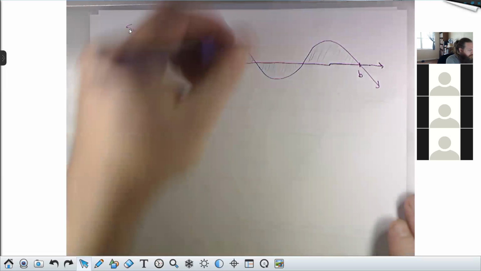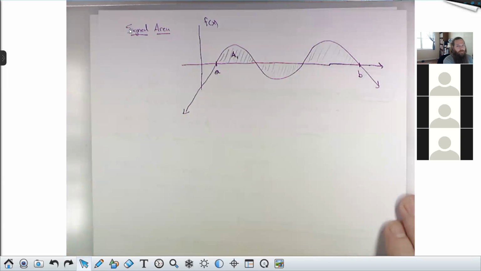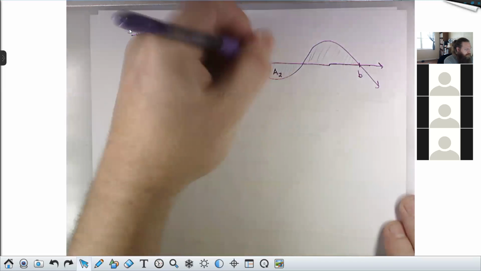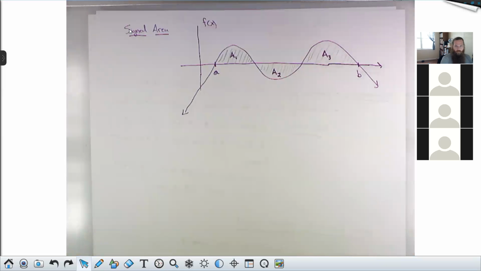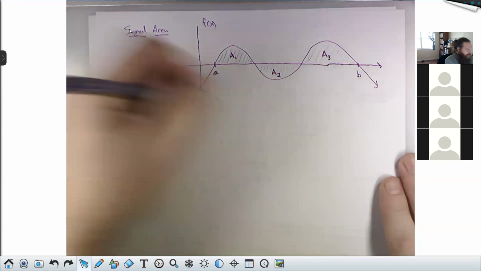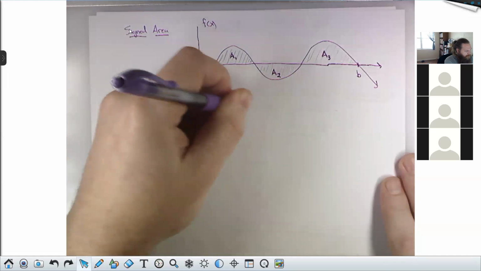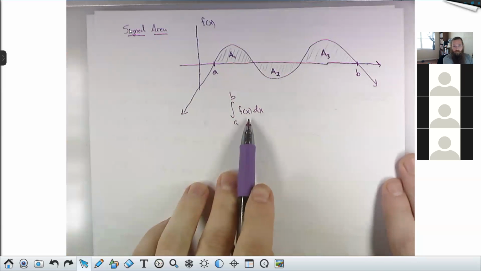Let me go ahead and call this first chunk here A1 for the first area. I'll call this chunk here A2 for the second area. And I'll call this chunk over here A3 for the third area, right? Because each one of these is kind of their own isolated region. So by signed area, what we mean is that the integral from a to b of f of x dx, this is the object that we just said is supposed to measure the area.